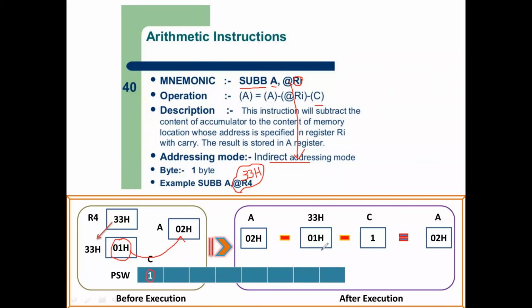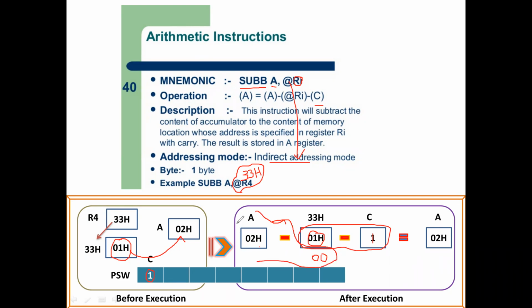So here 33H has the value 1. You subtract with carry, so the answer is 0. So this result is nothing but 0. Now you have to subtract this result from the accumulator. The controller will do that automatically.